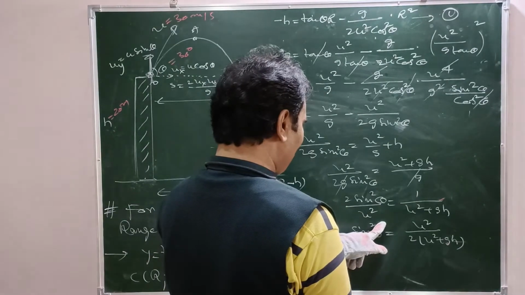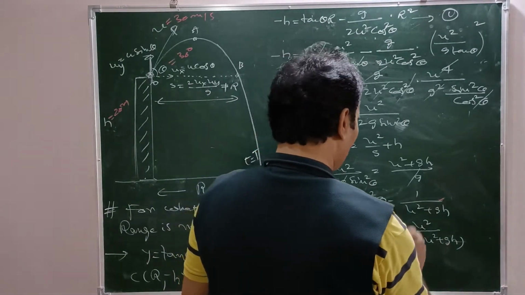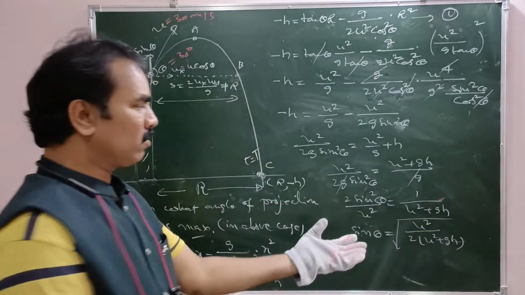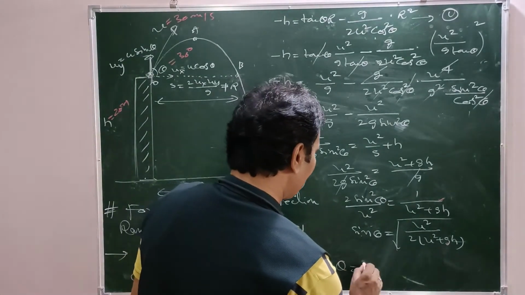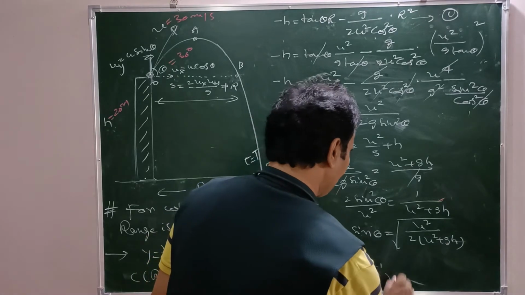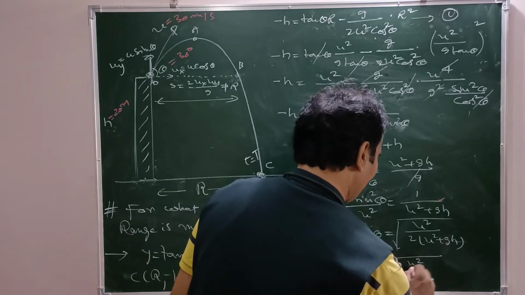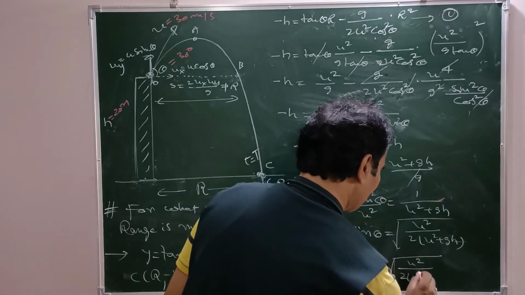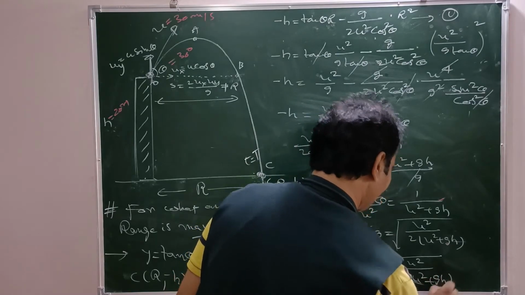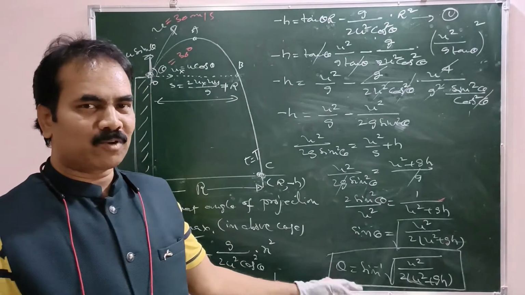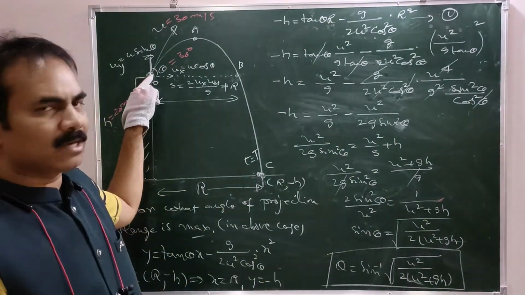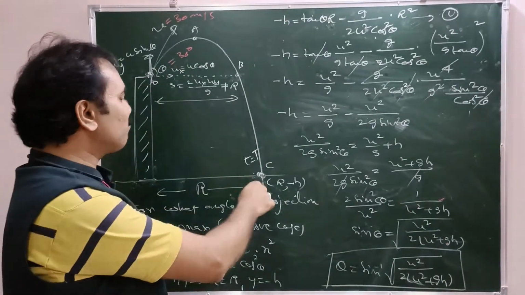That is sin theta equals root over u square by 2 of u square plus gh. Now what is theta? Theta equals sin inverse of root over u square by 2 into u square plus gh. This is the angular projection from the top of the tower at which range becomes max.